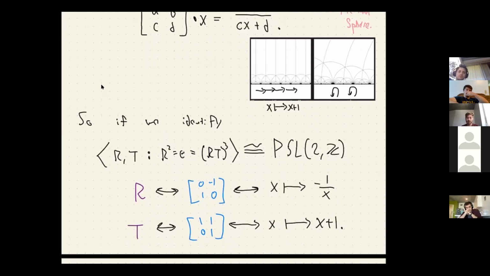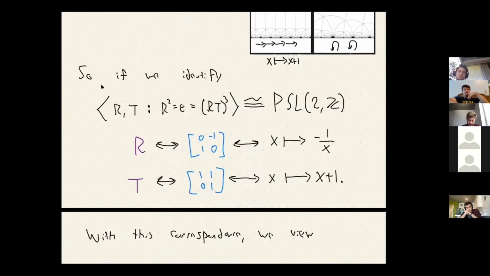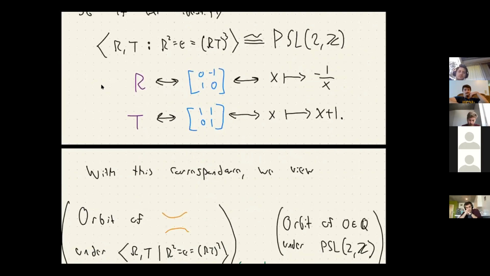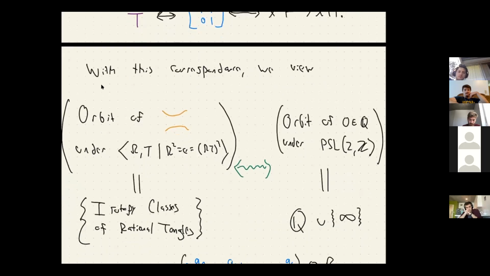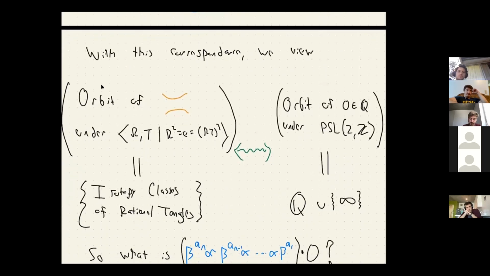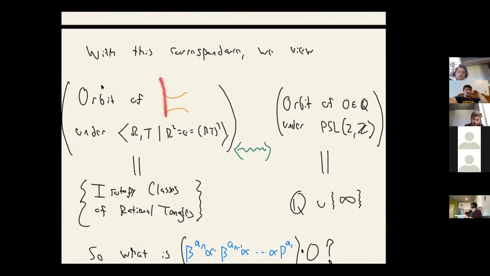Okay, cool. So under this correspondence, we can view the orbit of this trivial tangle under the group of actions that we have on rational tangles.